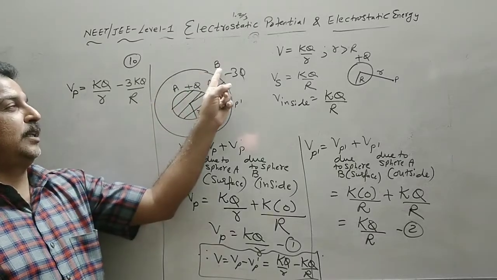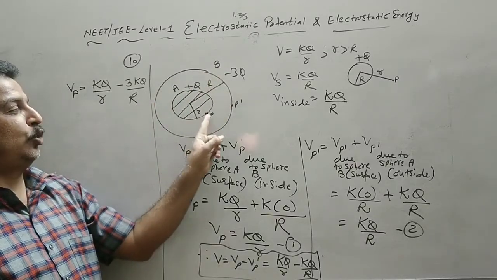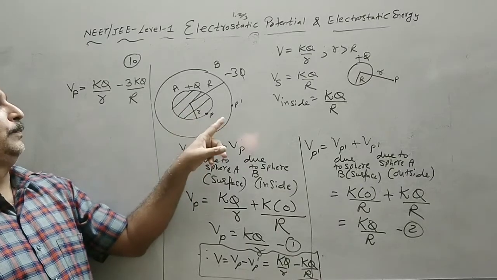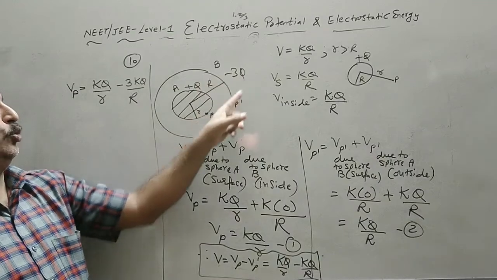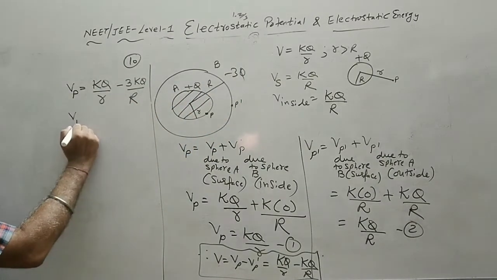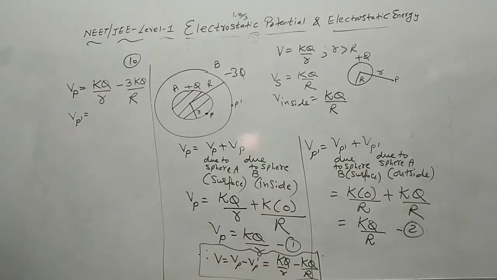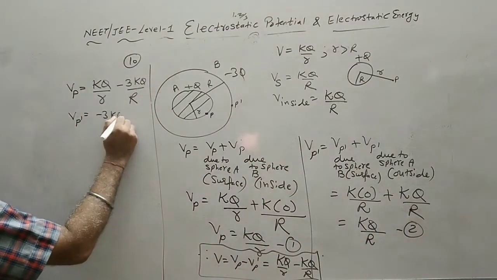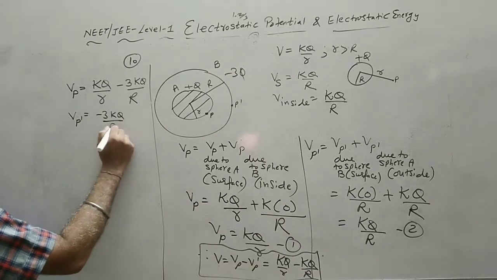So if you consider point B and consider only point P, don't consider this. So it will be minus 3kq upon capital R. Then Vp dash due to its own surface, minus 3kq upon capital R.